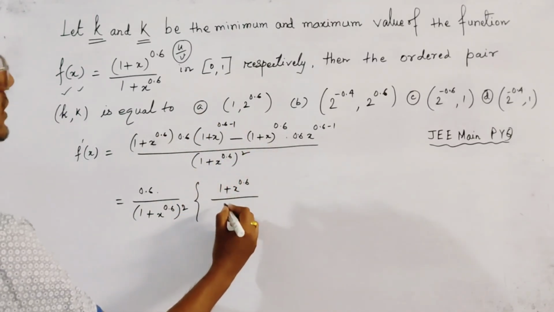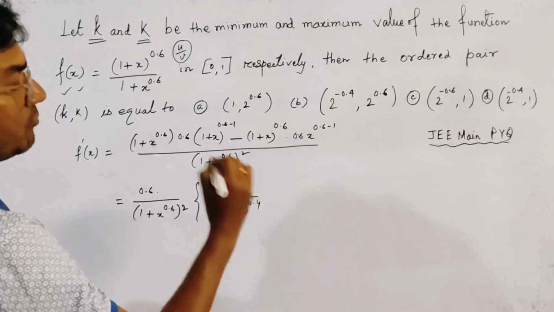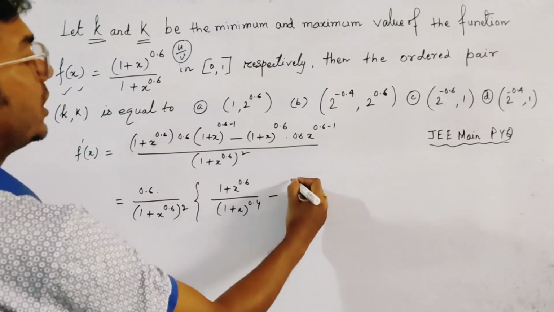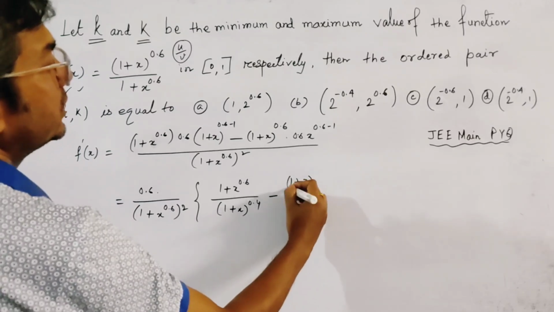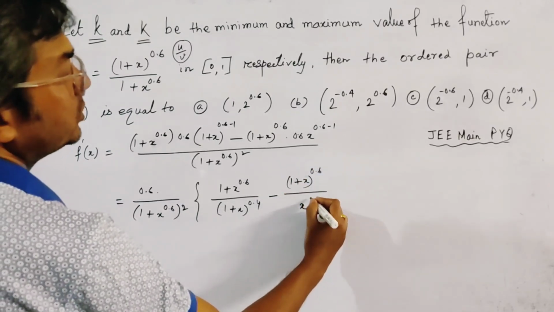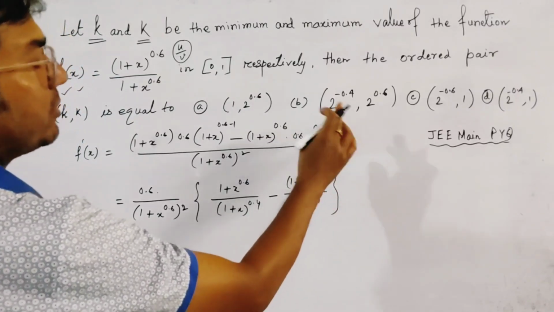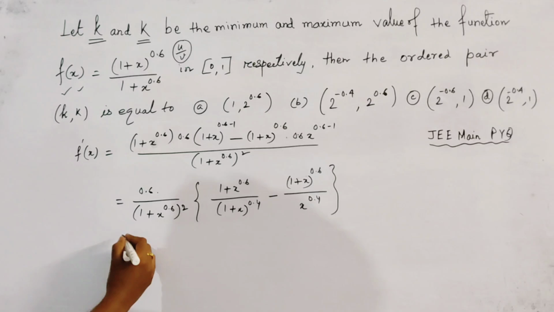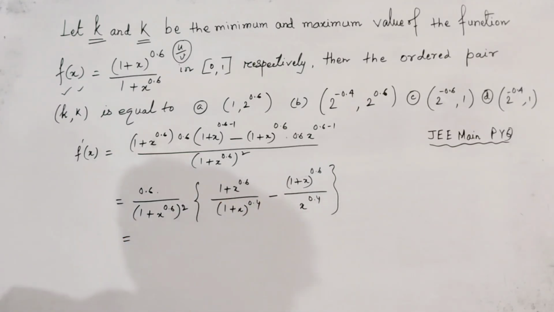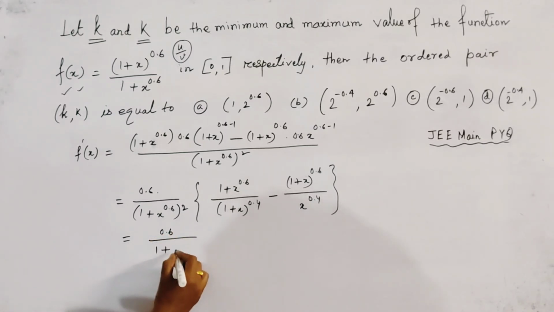So we write here this is (1 plus x) to the power 0.4, and from here we get the term x raised to 0.6 by this is x to the power 0.4, because this is x to the power minus 0.4.